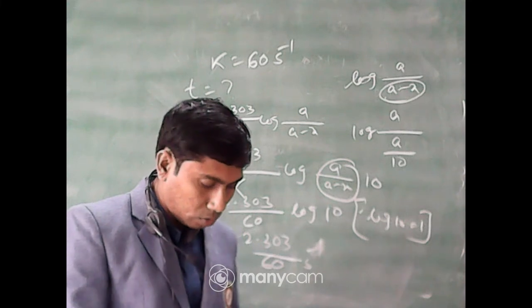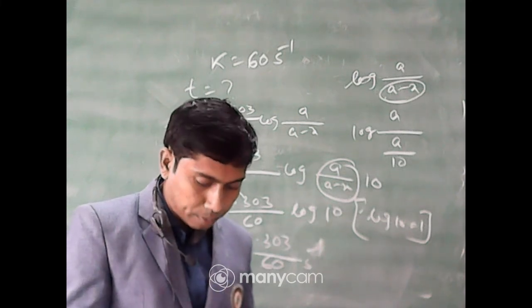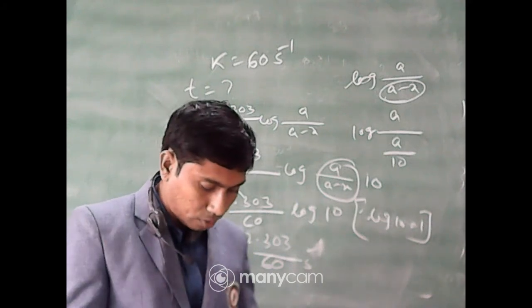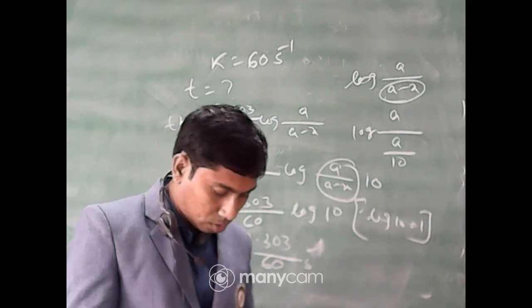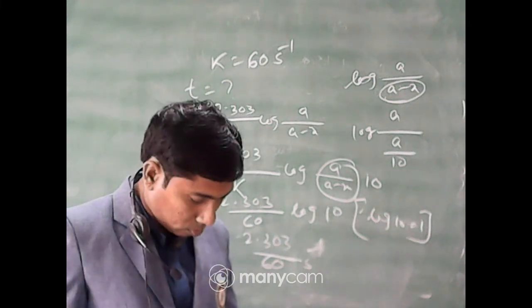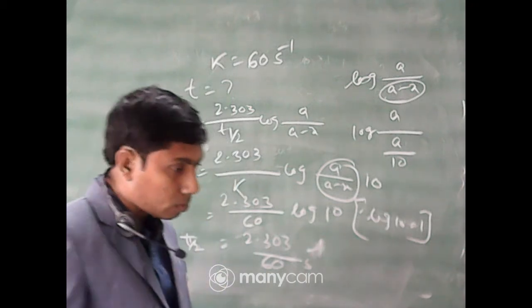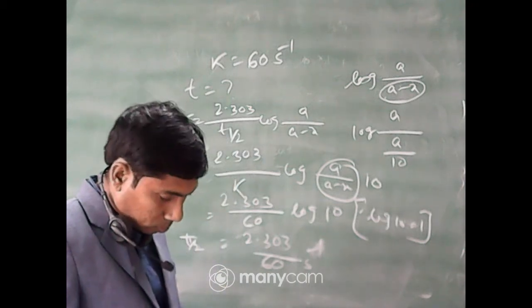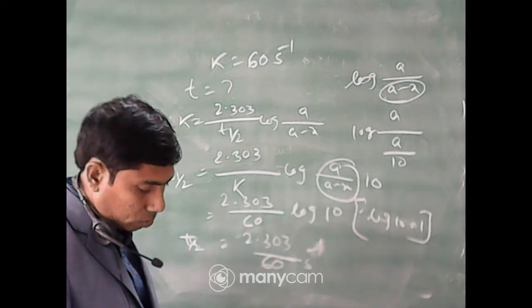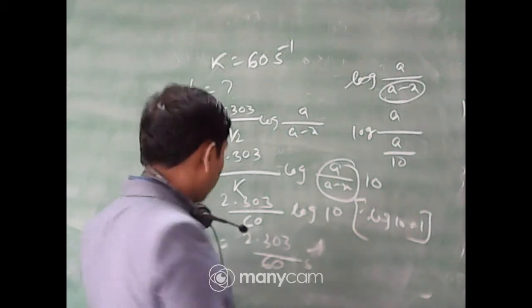What is the unit of t half, the half life period? It is 3.8 into 10 to the power minus 2, not 1.7.